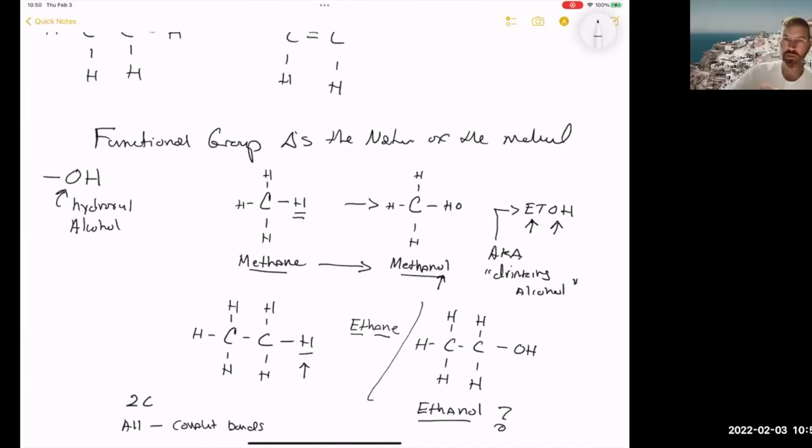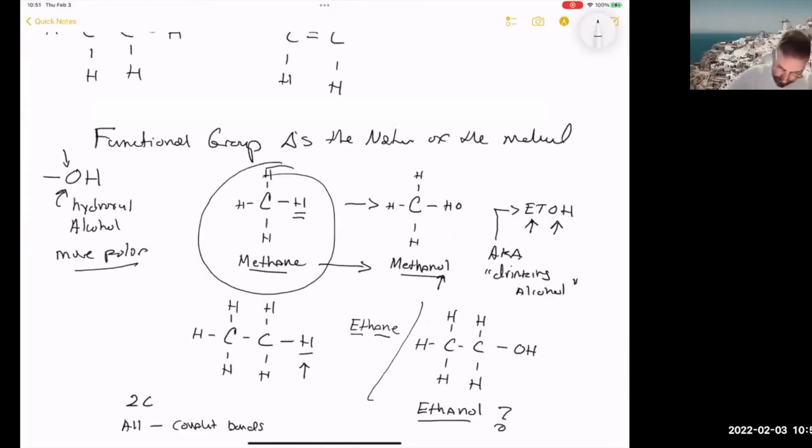And alcohol groups, because they have oxygen in them, they tend to make the resulting molecule more polar. So ethane or methane, for example, is a colorless, odorless gas that does not dissolve in water.